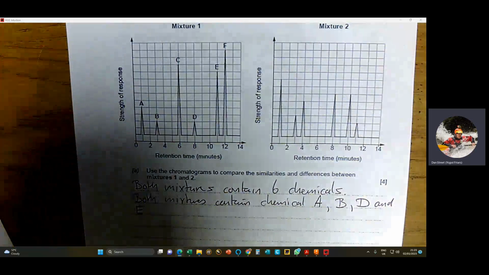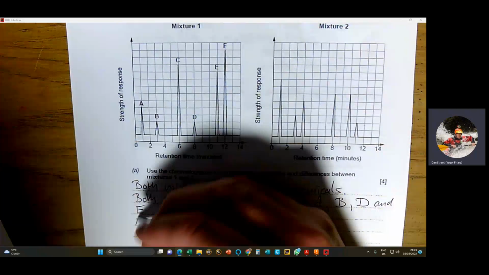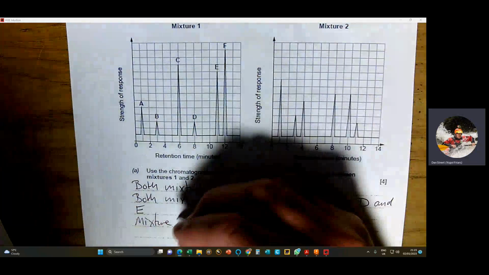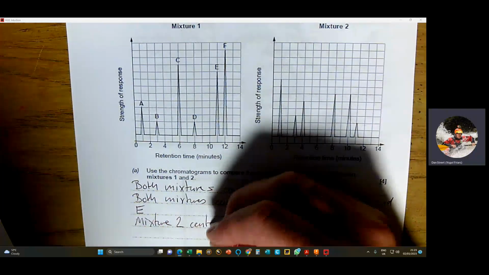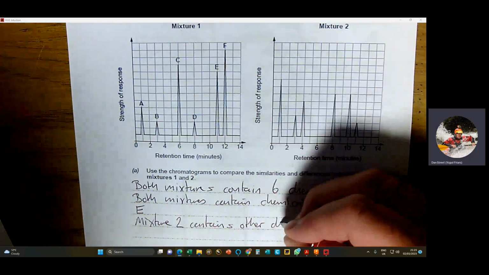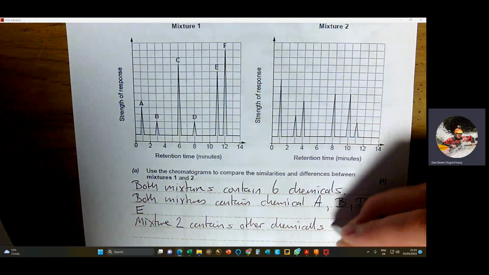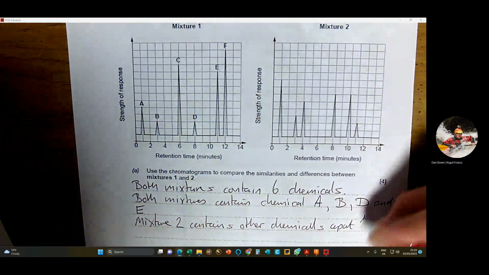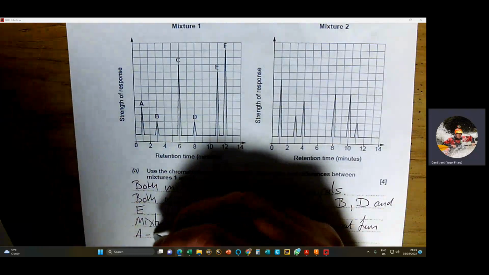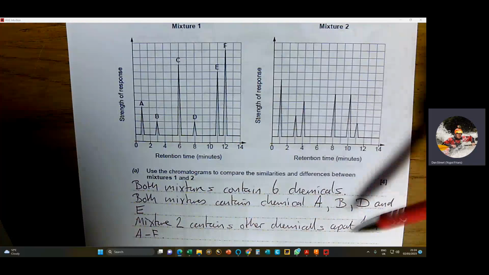Now the differences are, I could say that mixture 2 contains other chemicals apart from A to F. We can also see that there's different amounts of the ones that are shared.